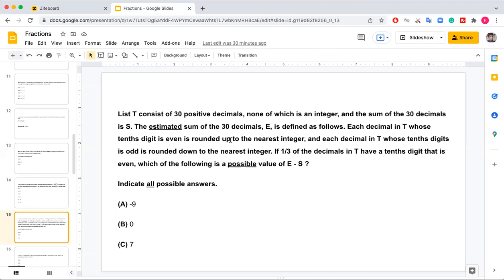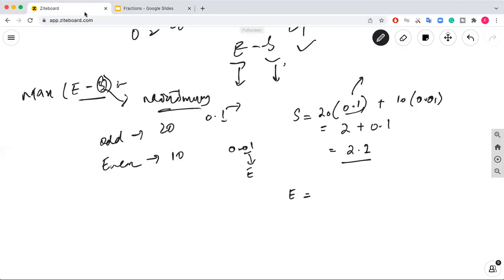So what will it be for 0.1? That will be 0, because for odd we round down. And for even, 0.01 rounds up, so that will be 1.